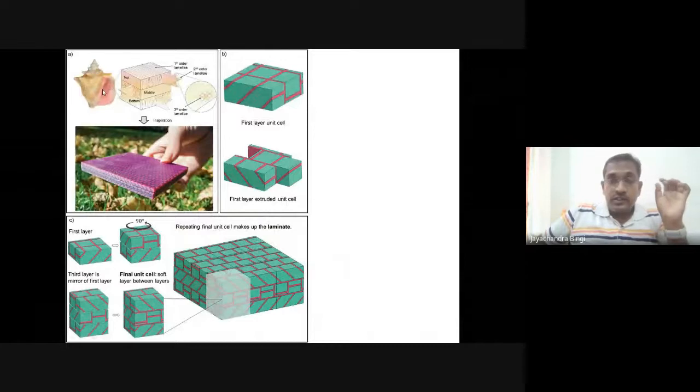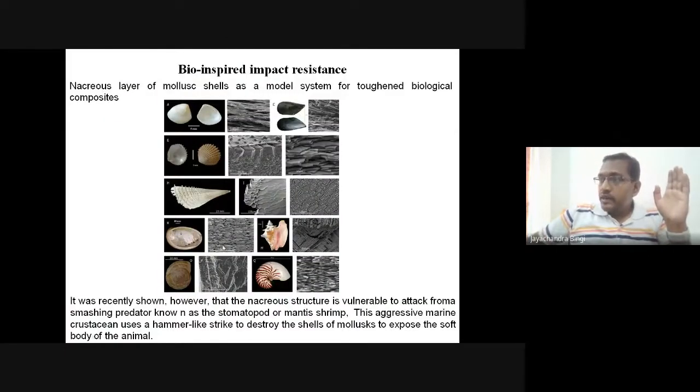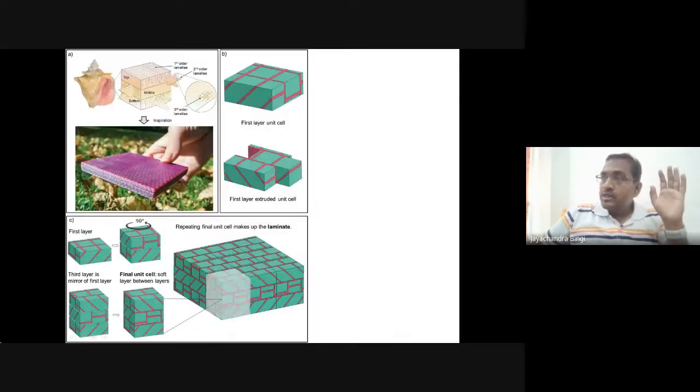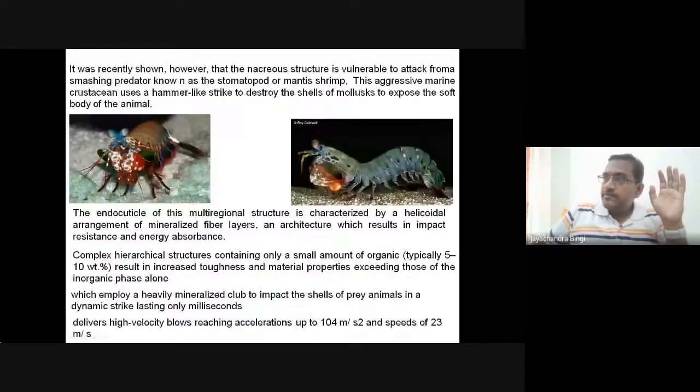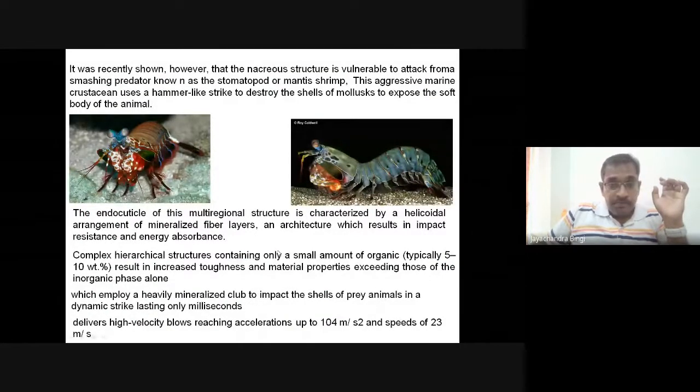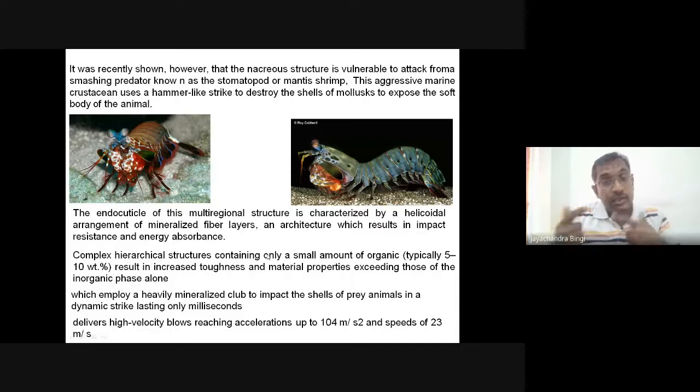This kind of structure, as per the parameter measurements, they were considering the strongest things. These kinds of arrangements were the strongest up to that point. But once they observed this particular structure in the stomatopod, they realized that there are structures stronger than the nacre shell.